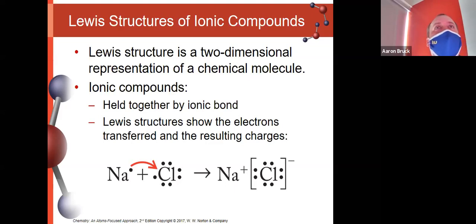And there are two applications for that we can get into directly: one with ionic compounds, which you saw a little bit of in that post-lecture, and one with covalent bonds, which is going to be the primary subject of Friday's class.